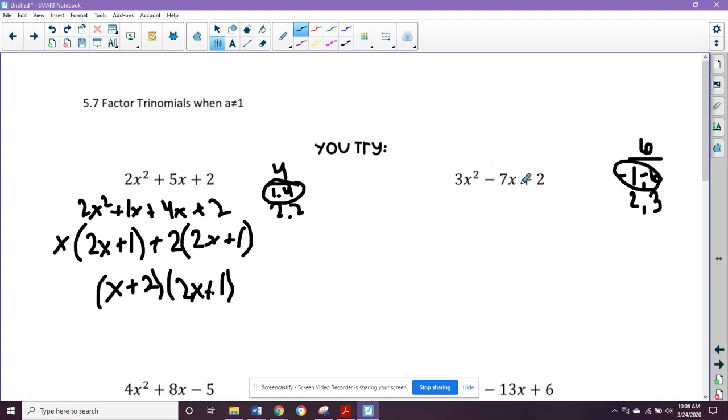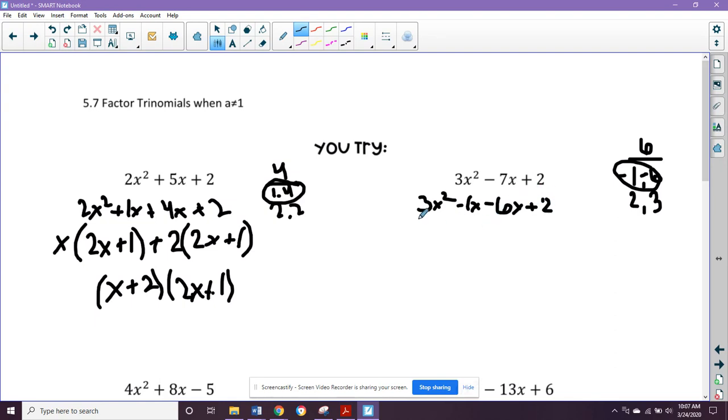So instead of our middle term, we're going to split that up into two terms. So rewrite your first term, 3x squared minus 1x minus 6x plus 2.